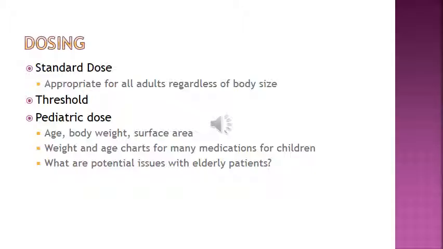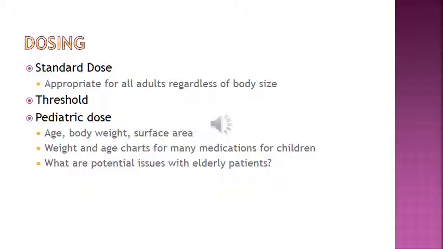We mentioned how the standard dose is appropriate for all adults regardless of body size. When you look at pediatric doses, the corresponding doses for younger children, you have a lot to consider. You have to look at the age, the body weight, and the surface area of the child.